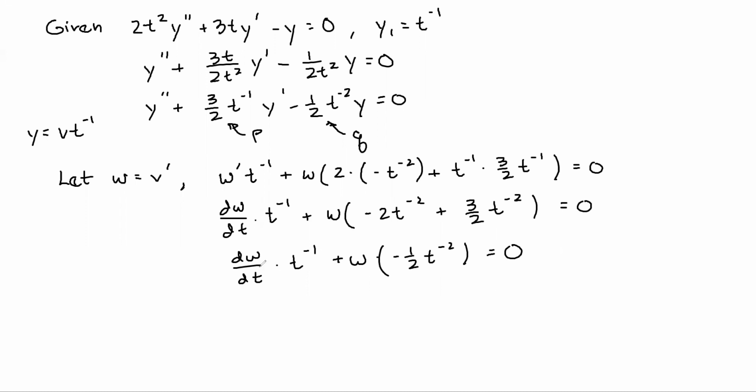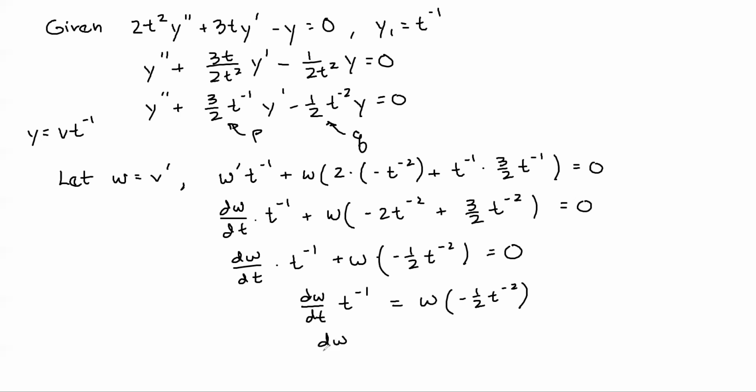It's not really obvious, maybe even right here. But you could take this term, move it over to the other side, and you're going to get dw dt t to the negative 1 equals, what are we going to have here? This is going to be w times negative 1 half t to the negative 2. And then you're going to take the dt and t to the negative 1, move it over to this side, take the w, move it back to this side.